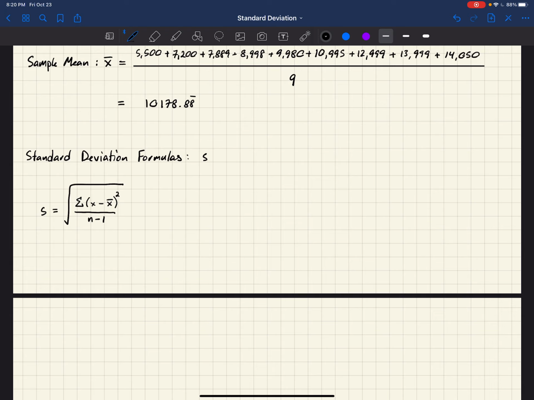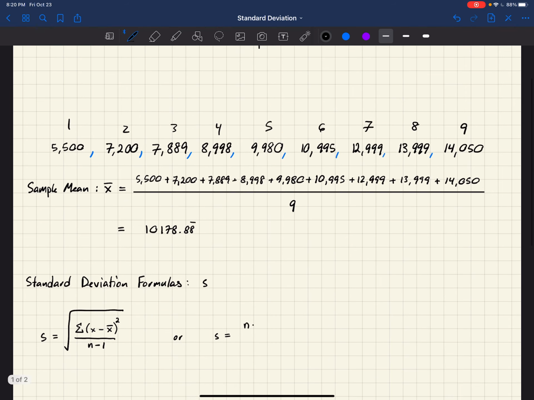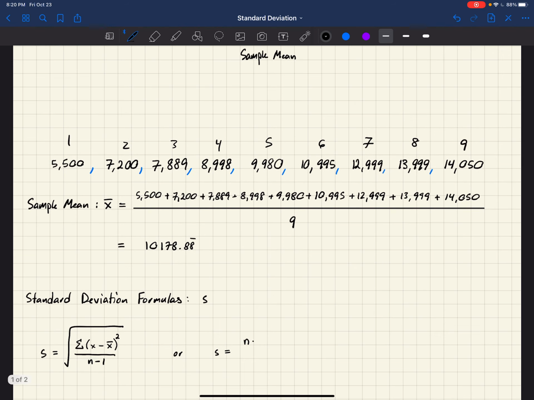But another formula you may see is S is equal to, here we have n times. N is the number of pieces of data we have. So let's just look up here. We have 9 pieces of data. So we can conclude that we have n equals 9.